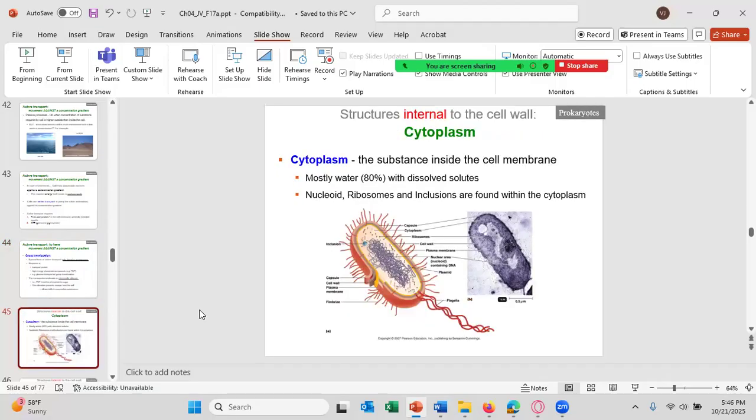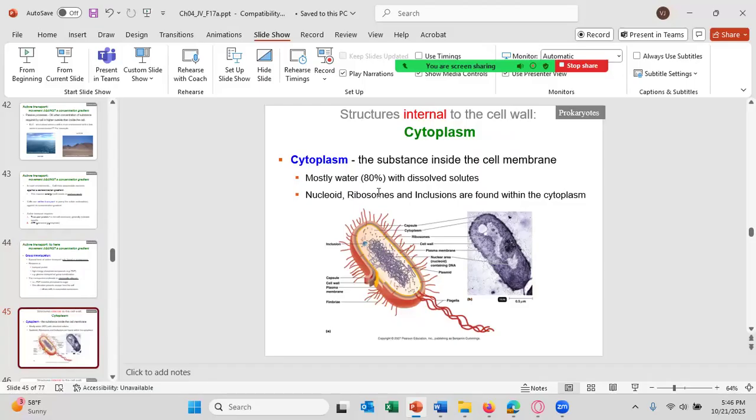All right. The cytoplasm is the substance inside a prokaryote cell. In a eukaryote, remember we have cytoplasm and nucleoplasm, but in a prokaryote, all there is inside the cell is cytoplasm. Cytoplasm is mostly water, about 80%.